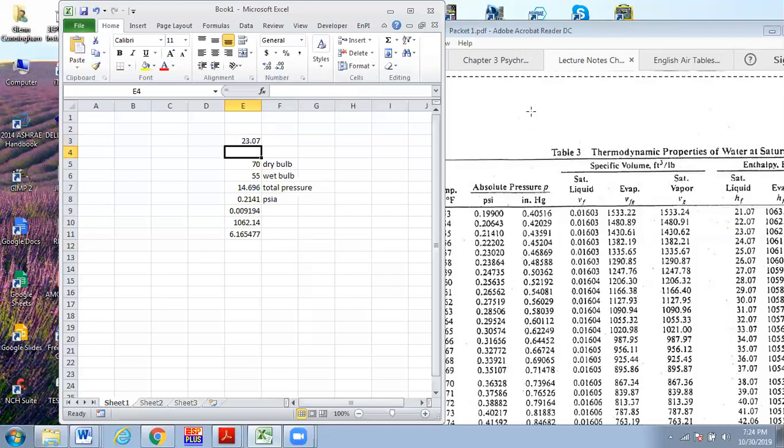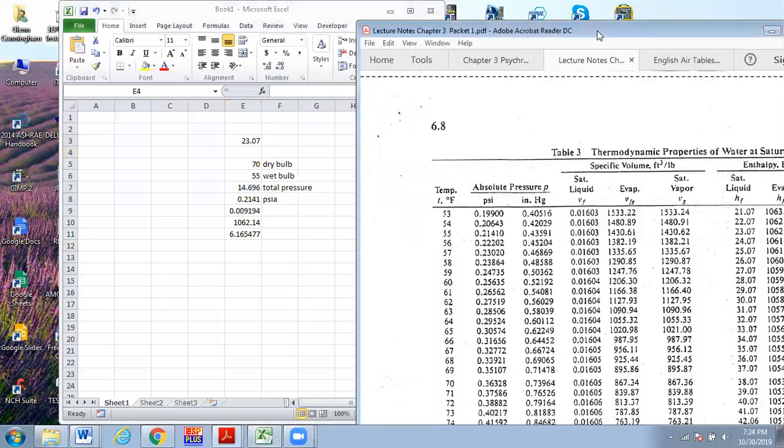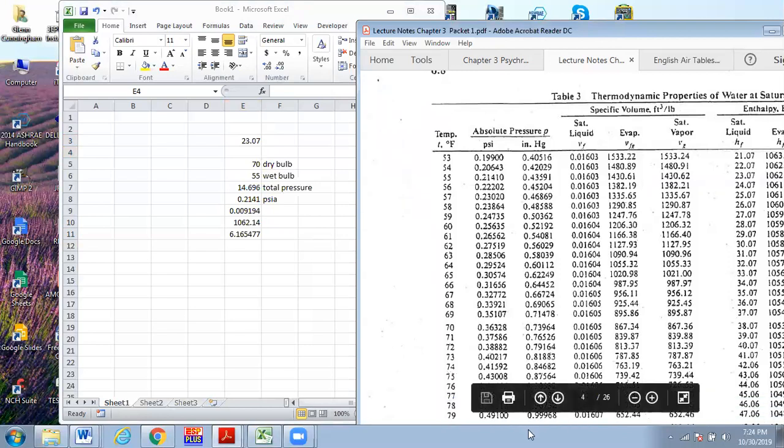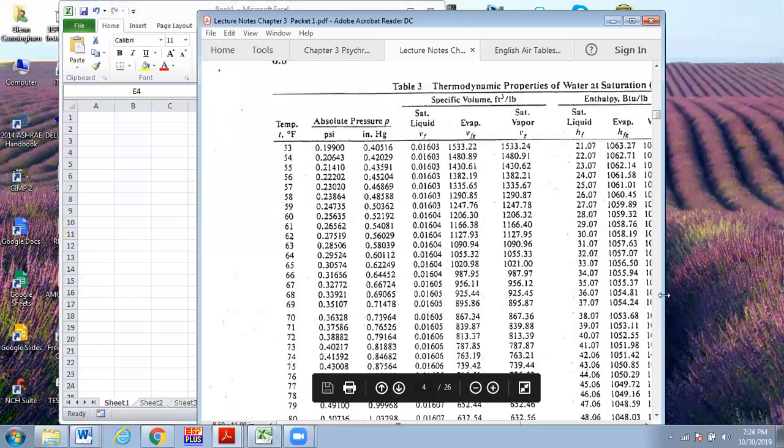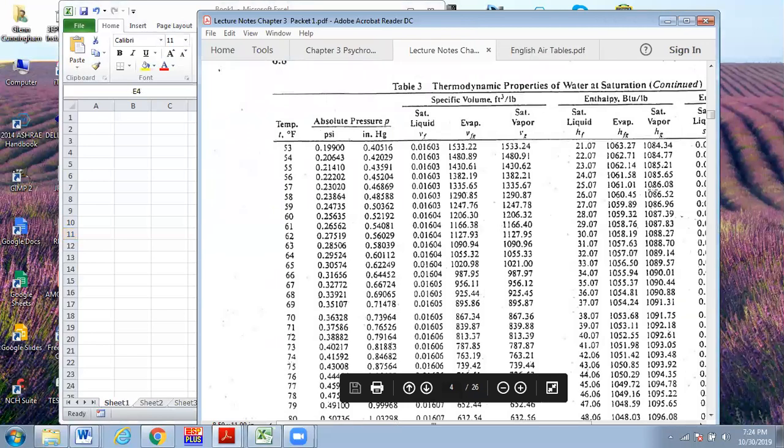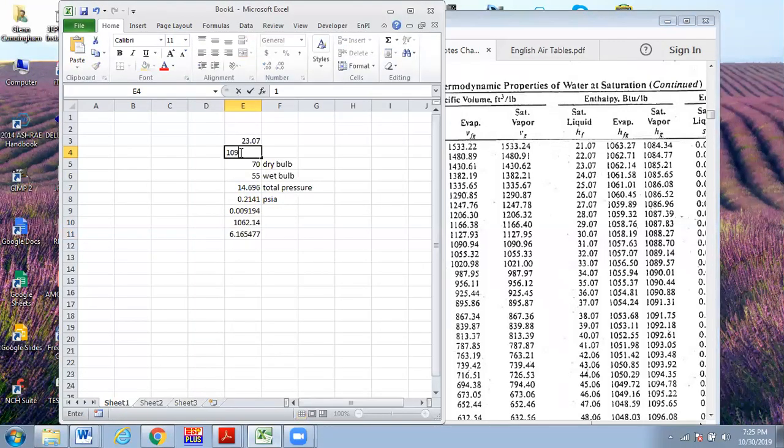And the vapor, we got to look up the vapor at the higher temperature, which was 70. And so, okay, so saturated 70 is 1091.75 right there. F2. Yay, we're almost going to get it. Sure hope this is right.